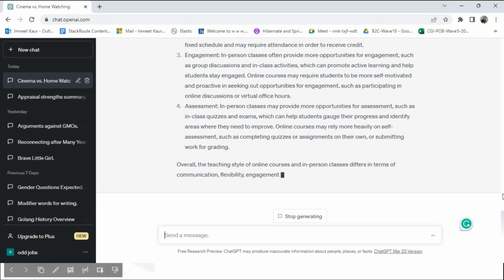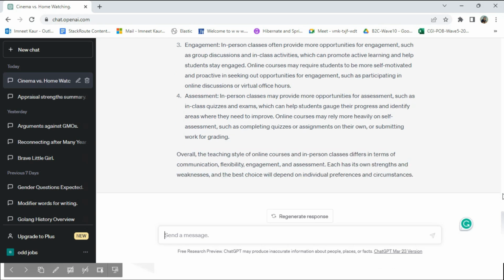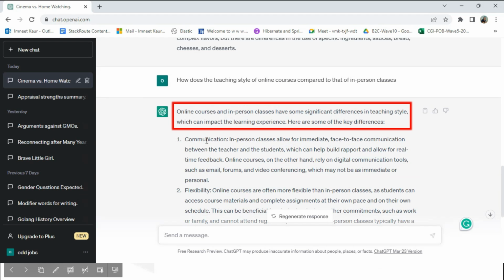Again, if you look at the response, you can see the differences between online and in-person classes are listed very beautifully. You can read the response.